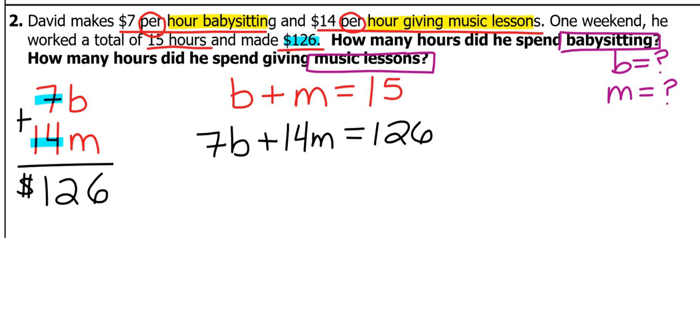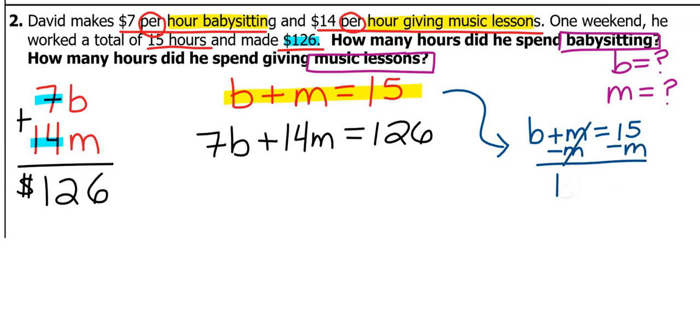Okay, so substitution. I'm going to pick the top equation and solve for one variable. So I have B plus M equals 15. Let's say I solve for B. So I'm going to subtract M from both sides.